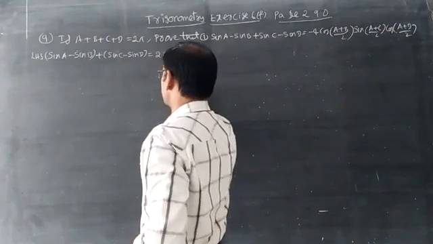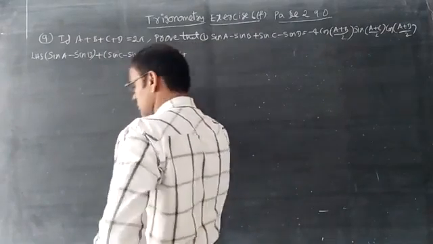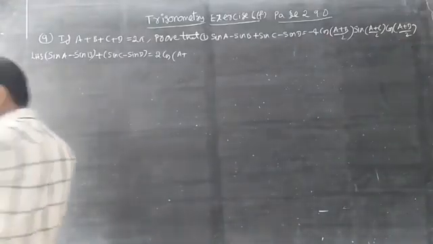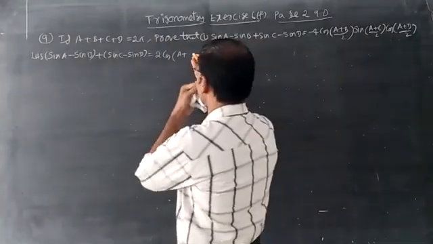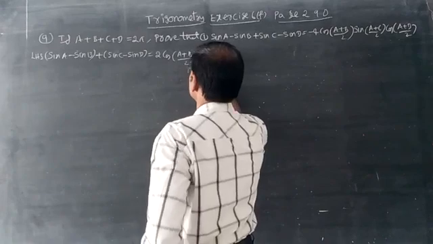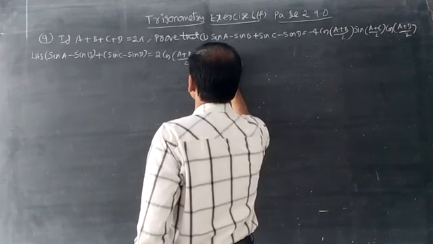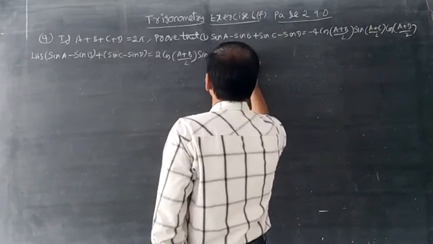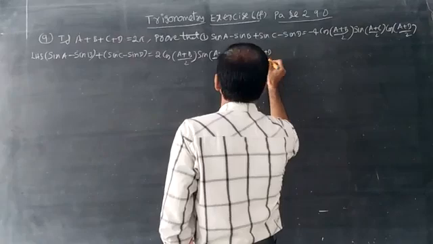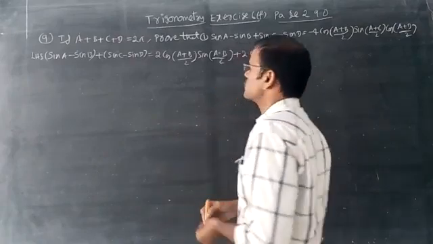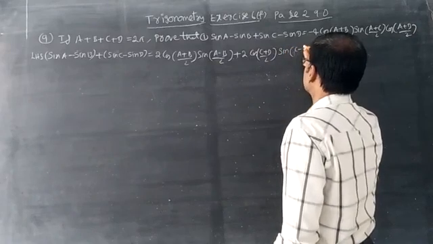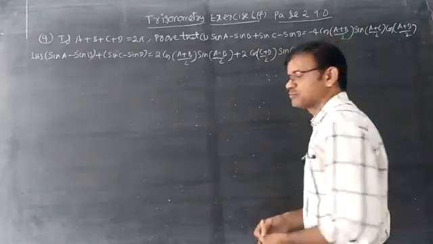Now write here 2 cos A plus B by 2 into sin A minus B by 2, plus directly sin C minus sin D value, 2 cos C plus D by 2 into sin C minus D by 2.